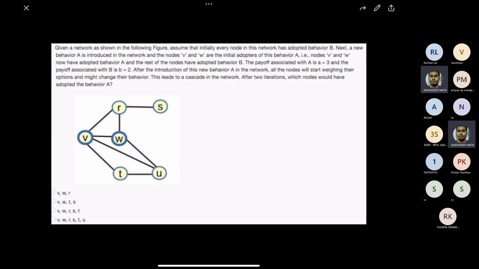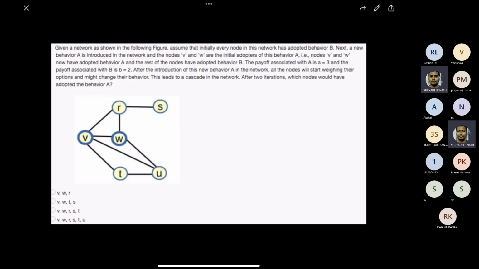So given a network as shown in the figure, assume that initially every node in this network has adopted behavior B. Next, a new behavior A is introduced, and nodes V and W are initial adopters of behavior A, and the rest of the nodes have adopted B. The payoff associated with A is 3, and the payoff associated with B is 2.